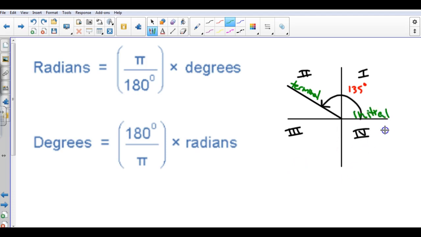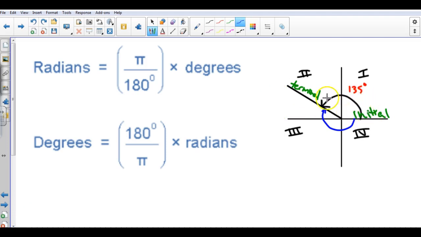So what we're looking for is, what is another angle measure that's going to give me basically the same terminal side? AKA, if I were to go around this way, what would my angle measure be? So I can take a look. This would be 180 degrees, plus I would just have to take a look at how much more I needed on top of my 135 to get to 180.